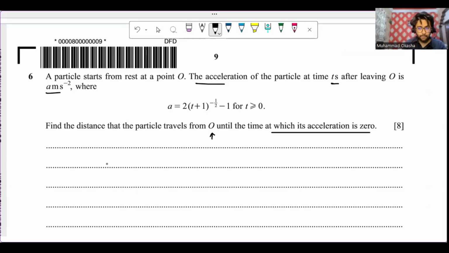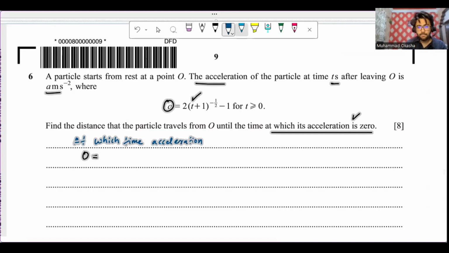So just by reading the question, I think the first thing I can do is, this is acceleration, right? And the other variable over here is time. So I'll put acceleration equal to zero. I'll find out at which time acceleration was zero. That's the first thing I'll do.